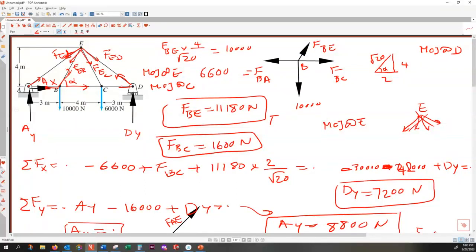So what can I use that for? If I apply method of joint at D, that is a checksum. So the checksum would tell me if I made a mistake in the previous step. If everything is calculated right, applying the horizontal and vertical forces, I get 0 equal to 0, 0 equal to 0.